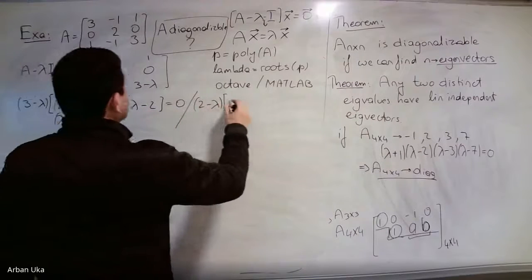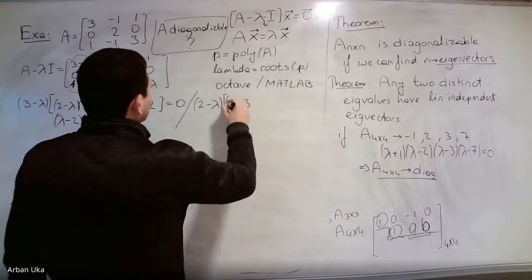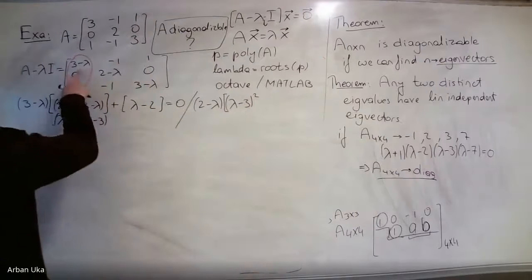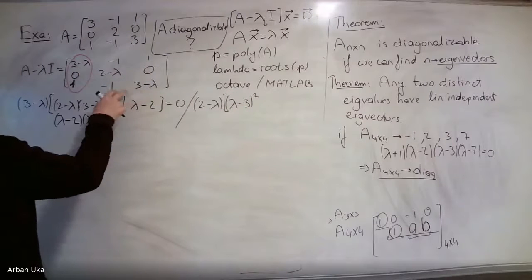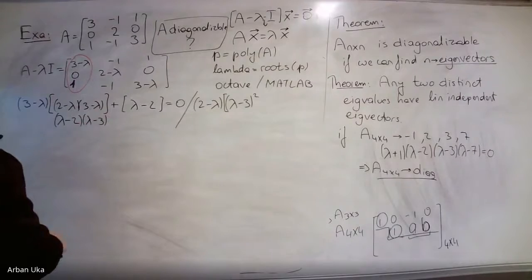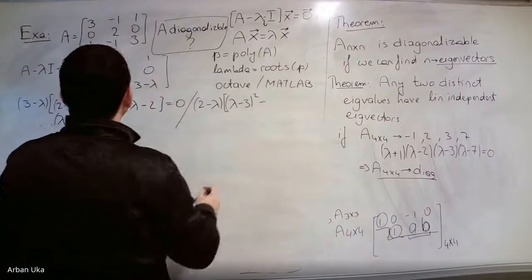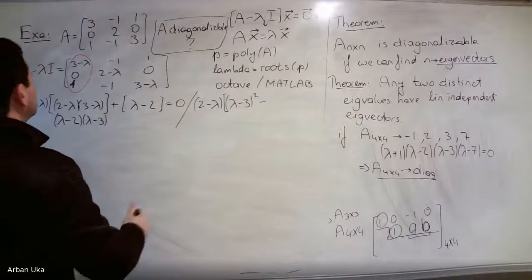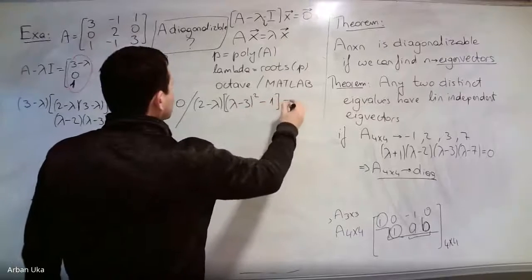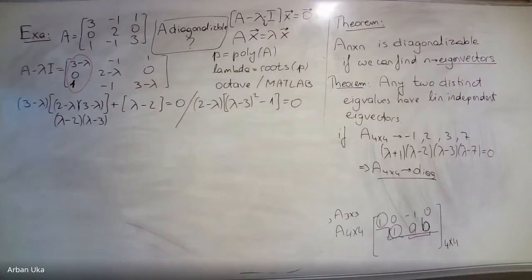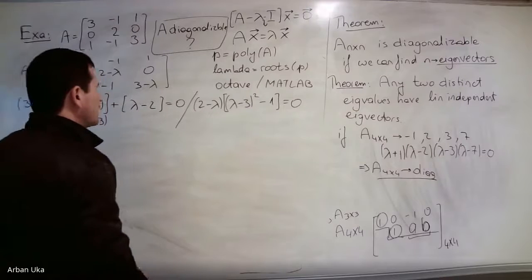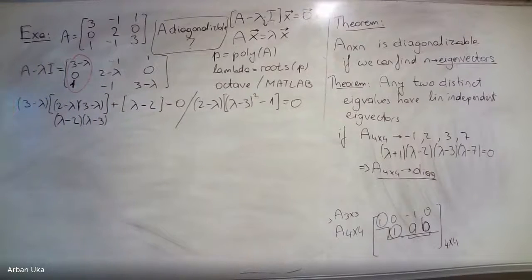Now, this is lambda minus 3 squared, because you put a minus 1 to both. And this is minus 1, probably. Is this correct? 2 minus lambda times minus 1. Yeah, this is true.